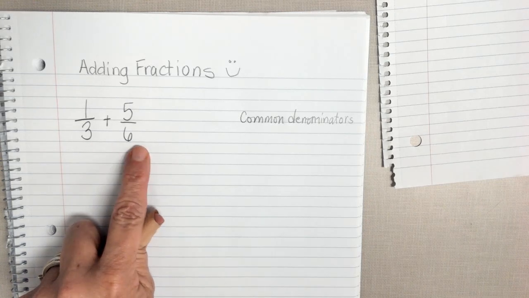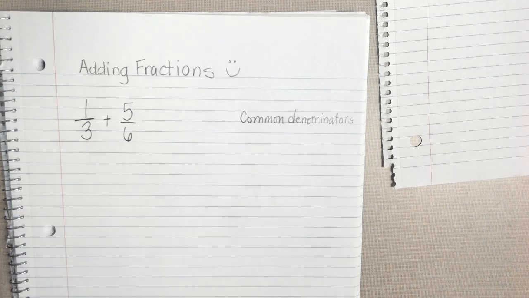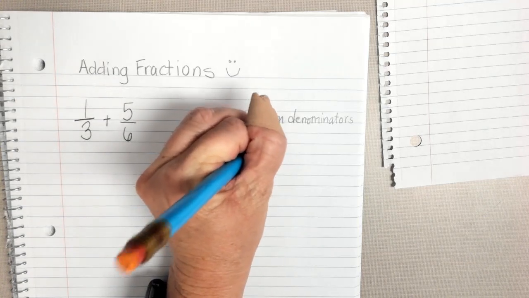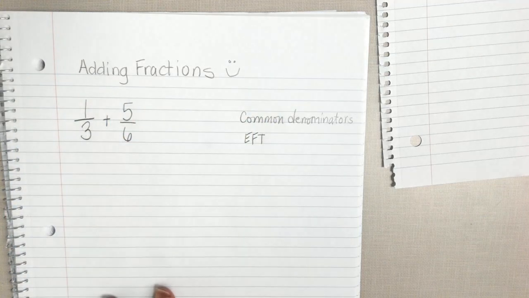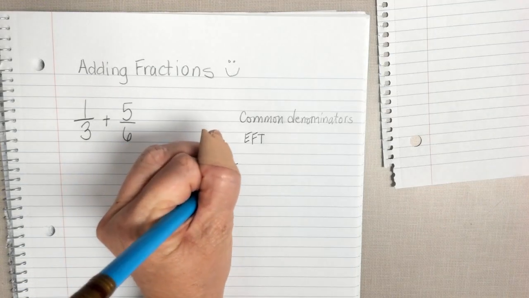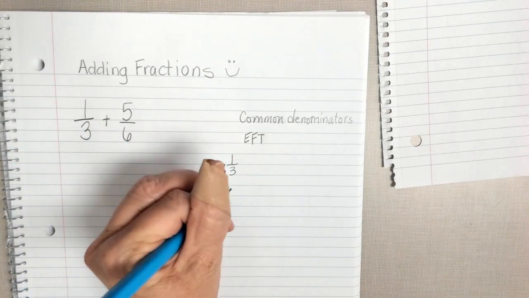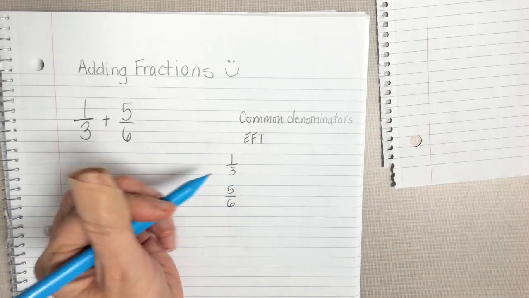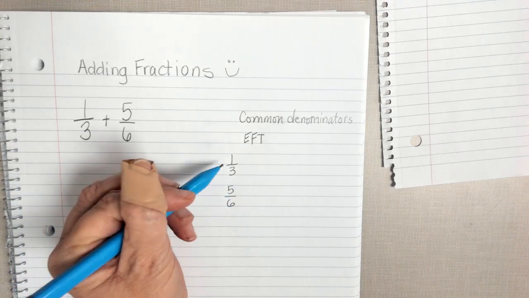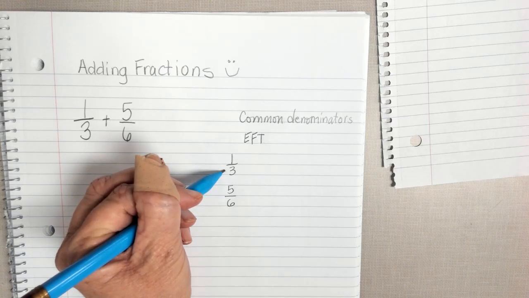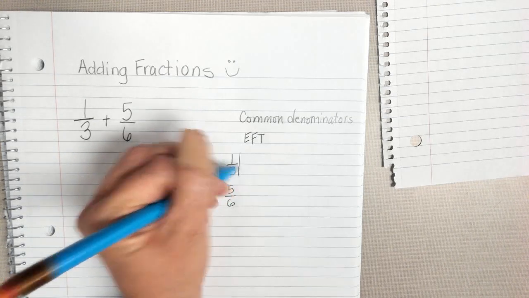So one way to get common denominators is to use an EFT. Now the EFT is like a 4th grade way or a 5th grade way. So I can make an EFT for 1/3 and I can make an EFT for 5/6. And so whenever I make these EFTs, I always want to start with the lower denominator number, and I want to skip count by that.